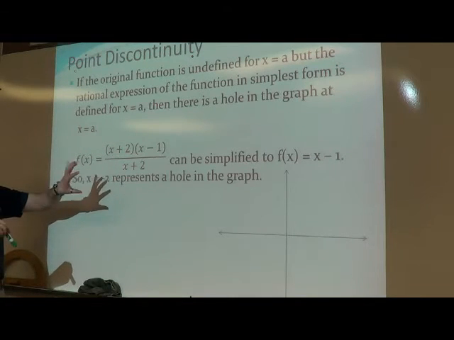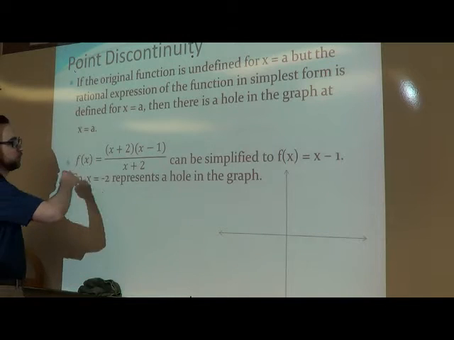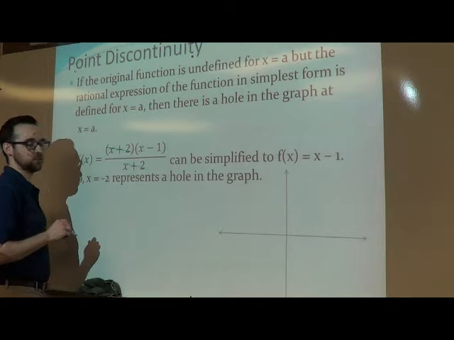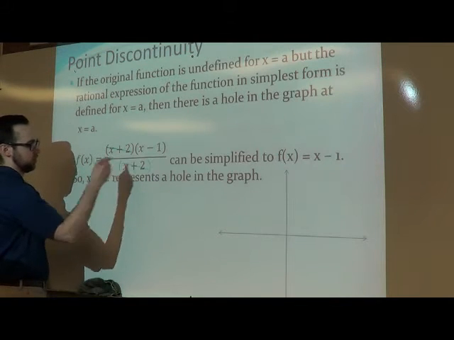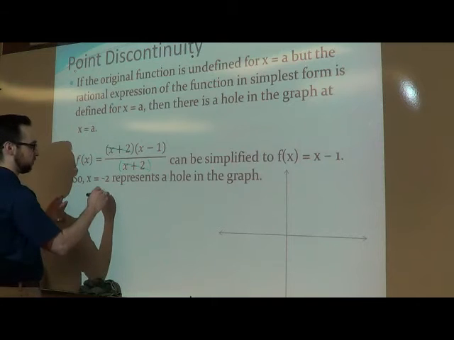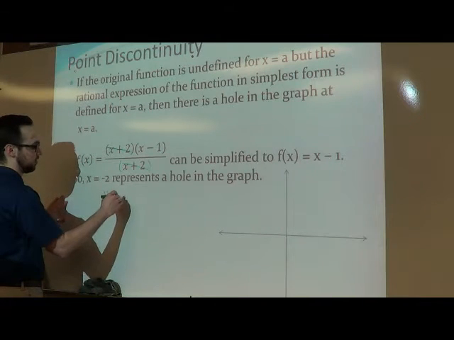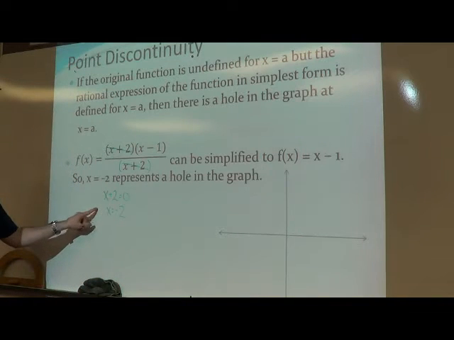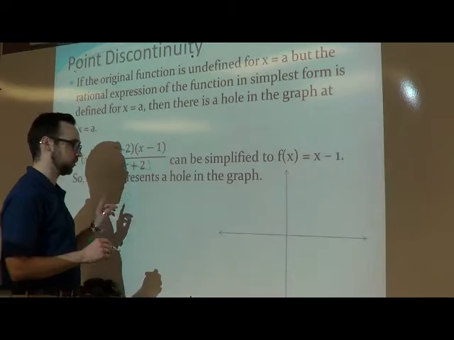It's no longer an asymptote. So for instance, when I factor this, I can cancel x plus 2 and x plus 2, because remember, this is like in parentheses. So I can factor those out, which means x plus 2 equals 0, x equals negative 2. So at x equals negative 2, there's just going to be a little hole in the graph.